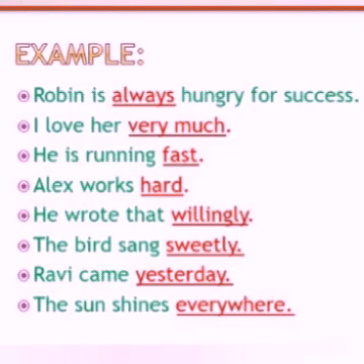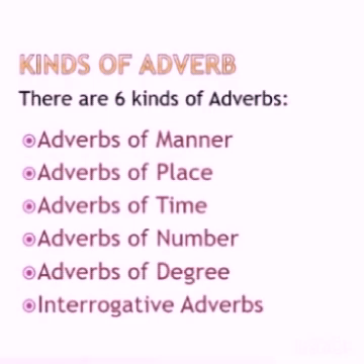Very fast. Alex works hard. This adds more meaning to the verb works. He wrote that willingly. The bird sang sweetly. Ravi came yesterday. The sun shines everywhere.